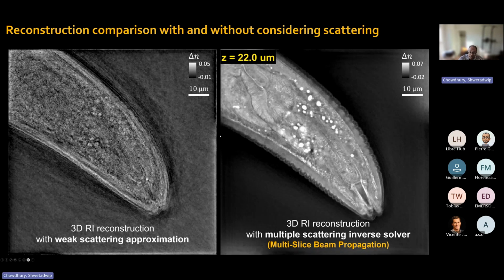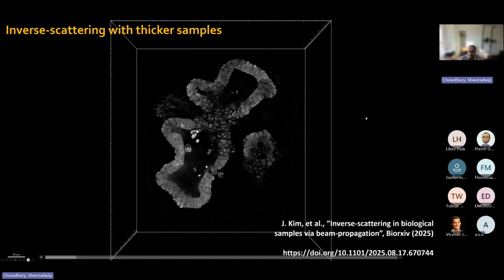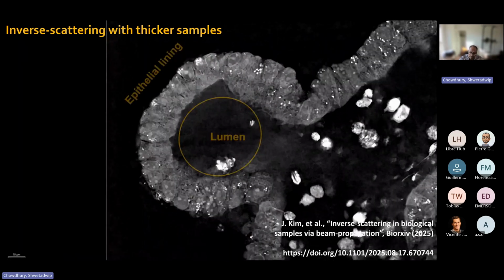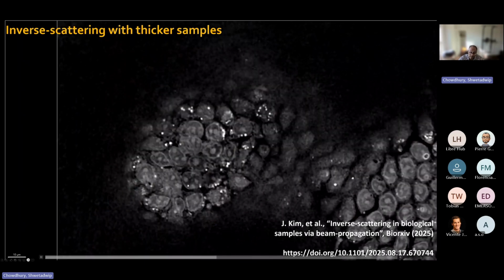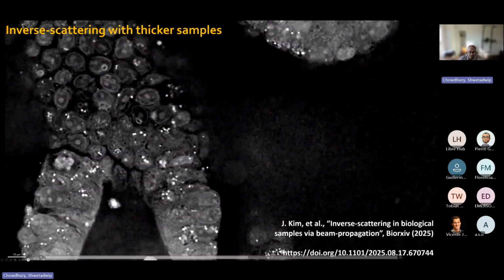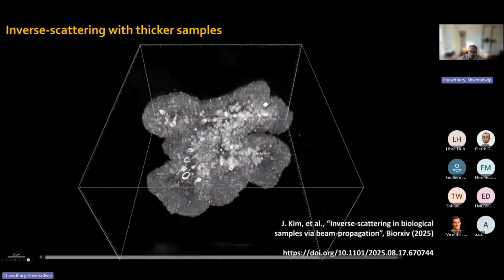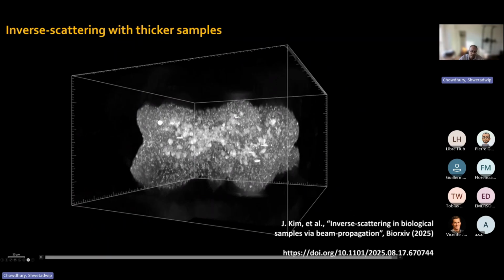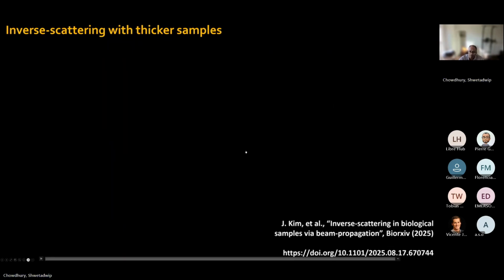So we are aggressively pushing this towards bigger and thicker samples. This is an intestinal organoid, courtesy of one of our collaborators at UT Austin. Here we can get subcellular, subnuclear features. We can see the nuclear periphery, the nucleoli. This is across around 200 to 300 microns of imaging depth. So this seems to be working well.